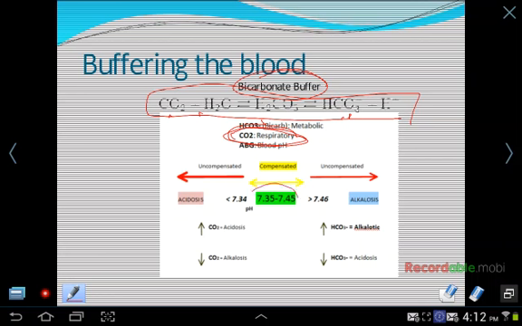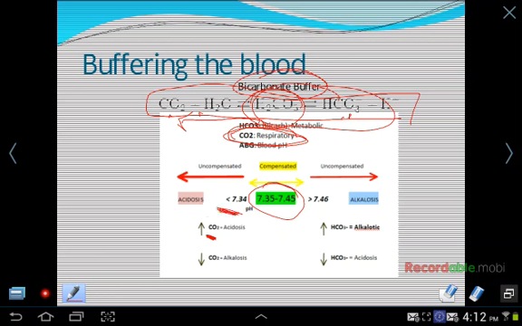So the optimum pH in the blood is 7.35 to 7.45, which is actually the pKa of this reaction here. So if we increase our CO2 levels, we can pull the reaction closer to the more acidic pH, which is 7.34.